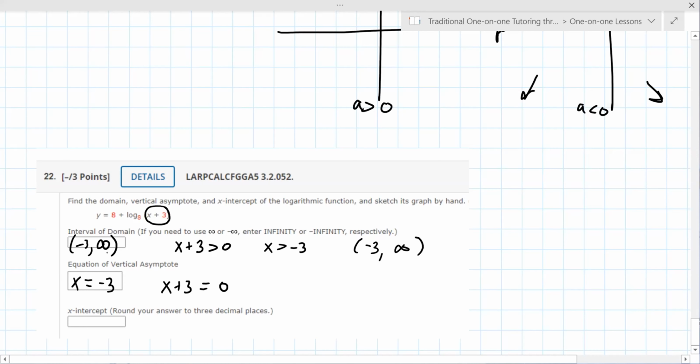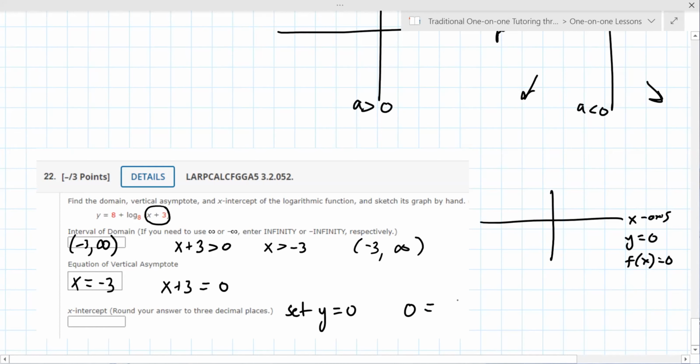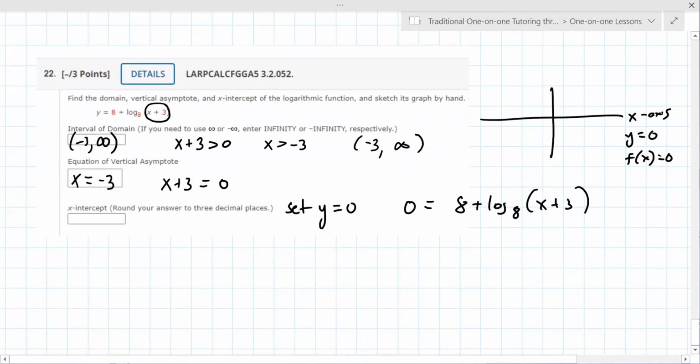The x-intercept is obviously where it crosses the y. I'm sorry, the x-axis, which is where y equals 0, or in this case, f of x equals 0. So you set y equal to 0. 0 equals 8 plus log base 8 of x plus 3. And you can solve it sort of directly. They want you to round your answer again to 3 decimal places. You kind of know, oh, this isn't gonna work out great.